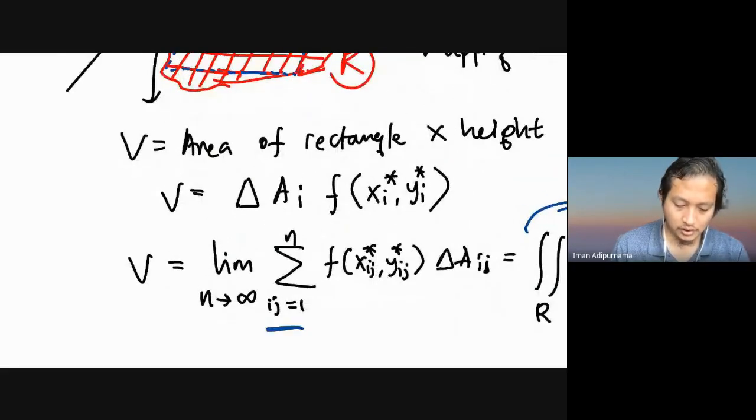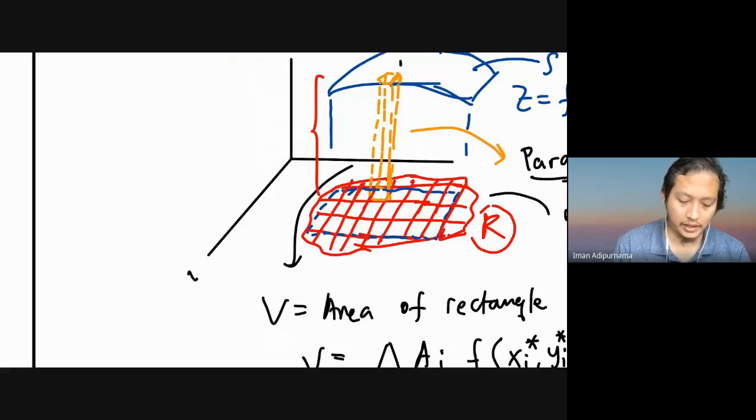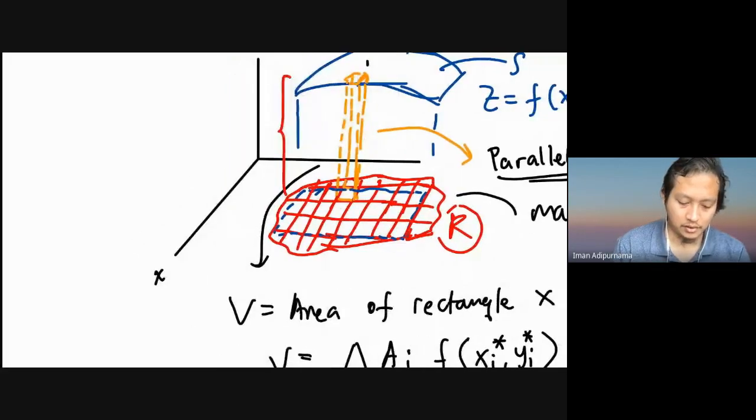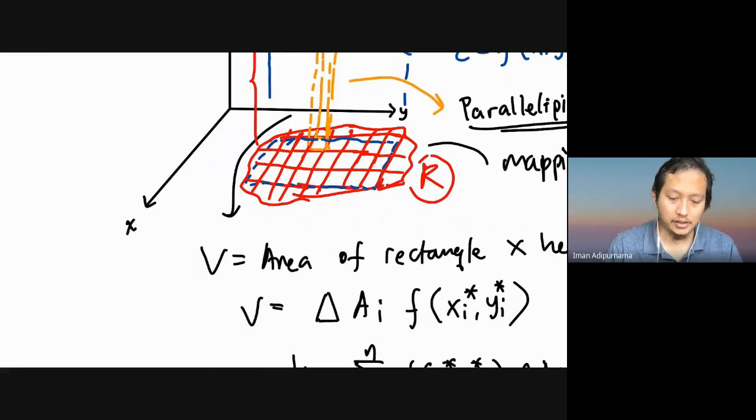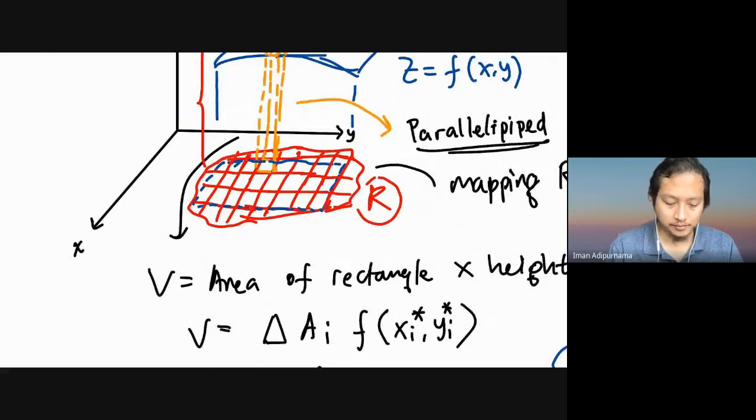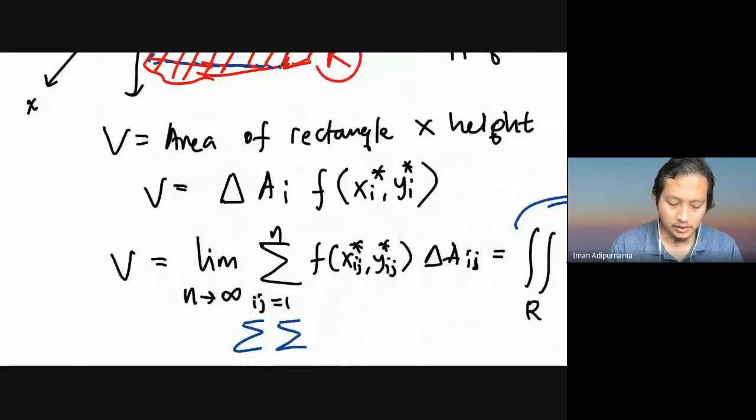This should be written as a double sum, because you have a sum on the x-axis and a sum on the y-axis. You need to add all the rectangles on the side of x and the y, right? And that is this sum.